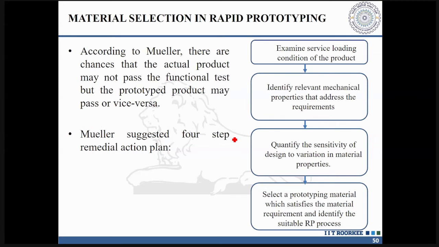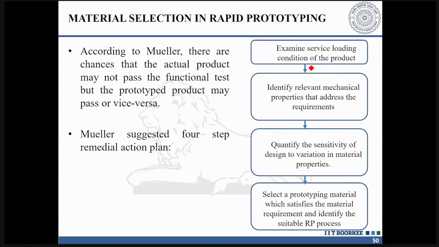Mueller defined the first thing as examining the actual service loading conditions of your product, where your product is going to lie. Even if you are fabricating your prototype, many a time it happens that the prototype test is passed, but the product fails. Why is it so? There might be a condition that you are not using the actual service loading conditions in your prototype. The material is different.